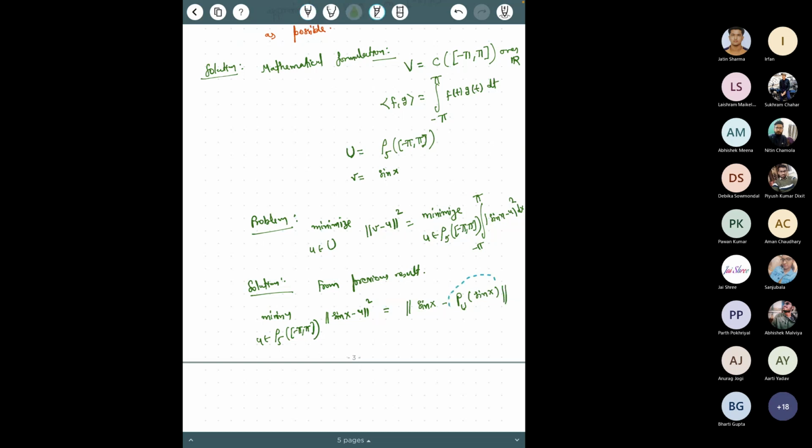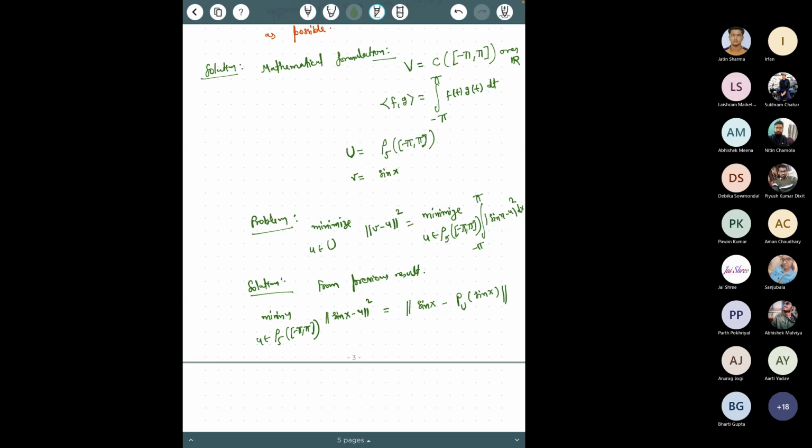Now you just need to find out what this is. As one of you suggested, you can do this once you know an orthonormal basis of the subspace U, because then you can easily compute this. But what would be an orthonormal basis? You cannot quickly give one at this point, but you know how to find an orthonormal basis.